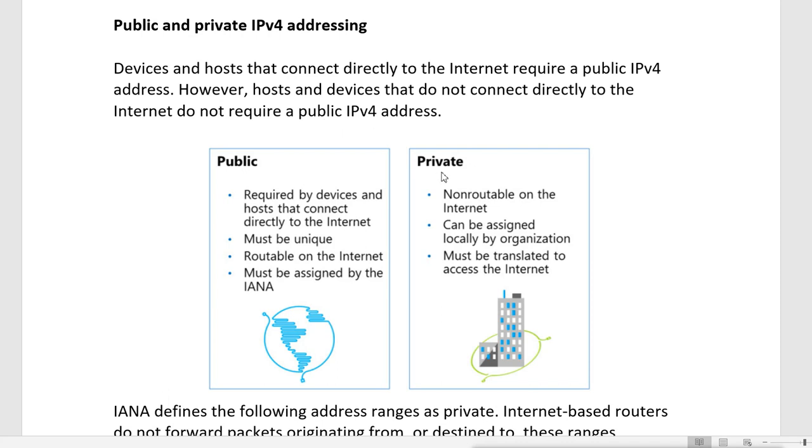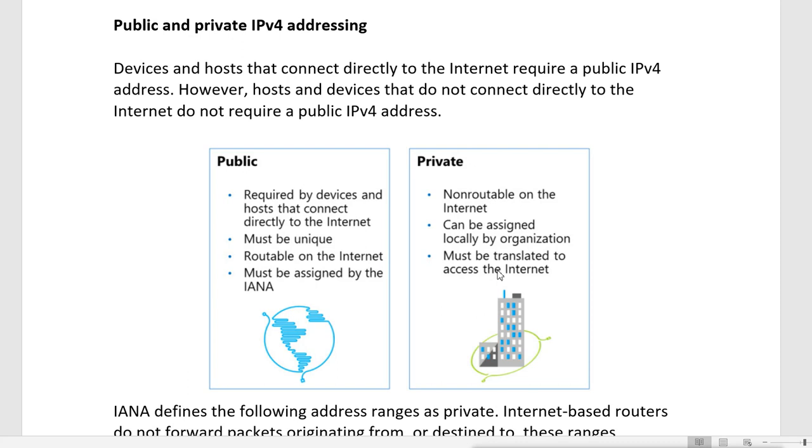Basically, IANA has arranged the private addresses so that if you are not connecting to the internet or a WAN connection, and you just want to use networking within your local network, you don't want to go anywhere, then you can use the private addresses in your local network.